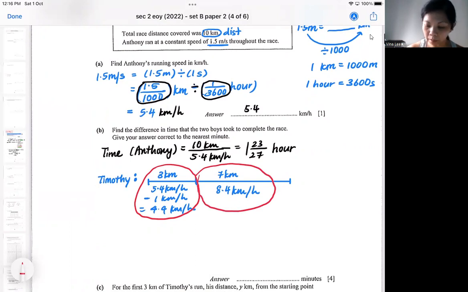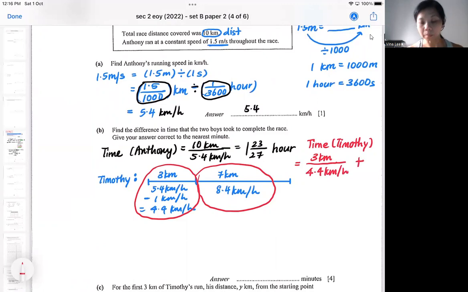For Timothy, he has two parts for the timing. The first 3 km should be 3 km divided by 4.4 km/h. So that is the first part. The second part will be the 7 km divided by the 8.4 km/h.